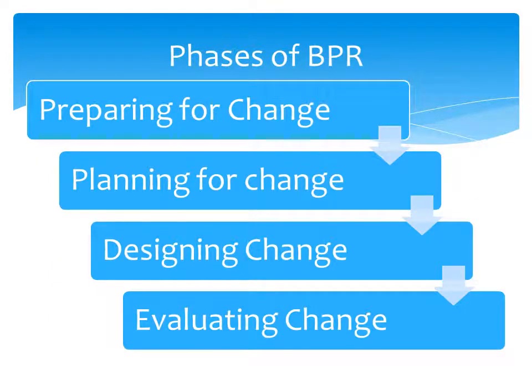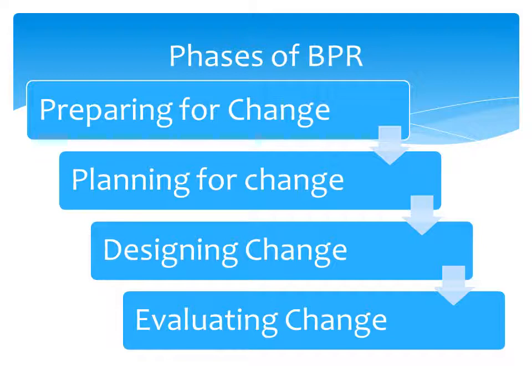Next one is phases of BPR. Okay, so in BPR, basically, you have a business, you feel something is lacking in the business, something should be done to the business so that it will improve its performance. So you are going to induce a change in the business processes so as to improve the performance of the business. For that, what are the phases? First one is called preparing for change.